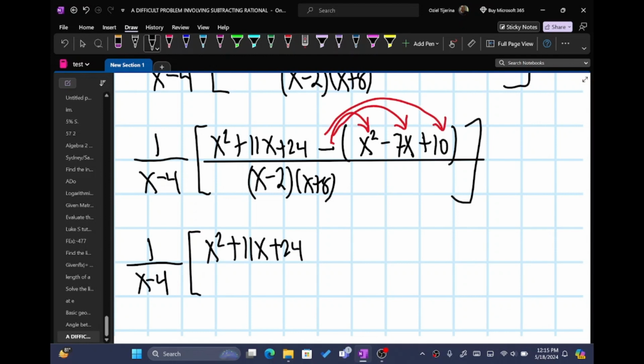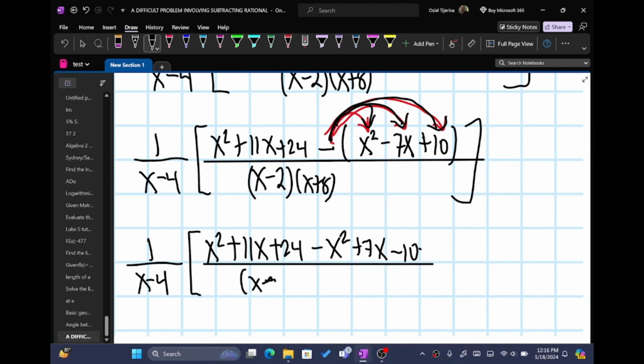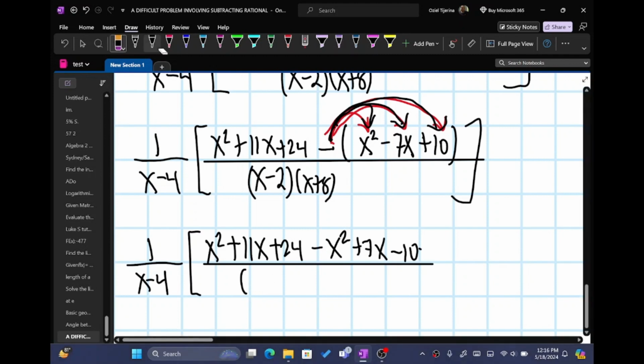So it's going to go minus x squared, so you see minus x squared plus 7x, and then minus 10, all over the quantity x minus 2 times x minus 8. I'm sorry, times x plus 8, excuse me.